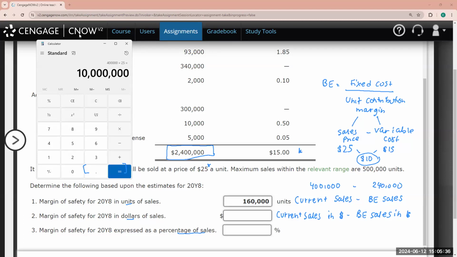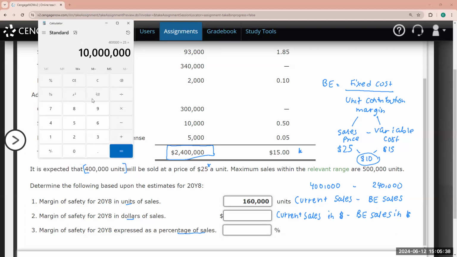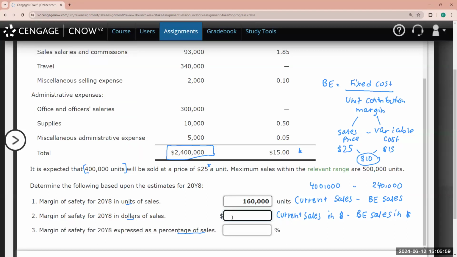And then from there, we subtract our break-even sales in units, so 240,000 multiplied by 25, which gives us 6 million. So therefore, 10 million minus 6 million gives us a margin of safety in dollars of 4 million.